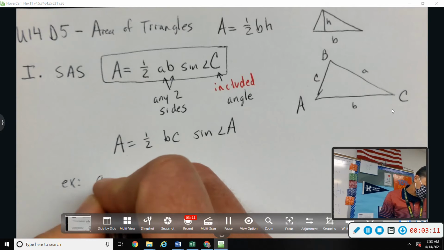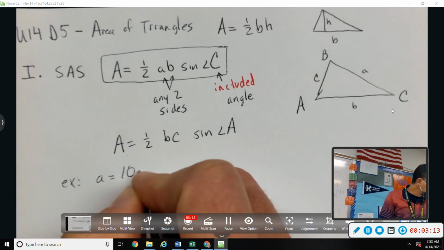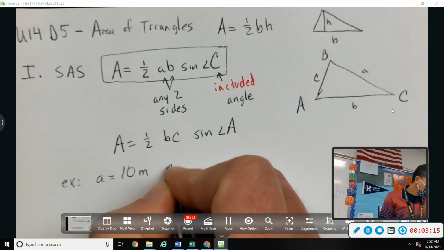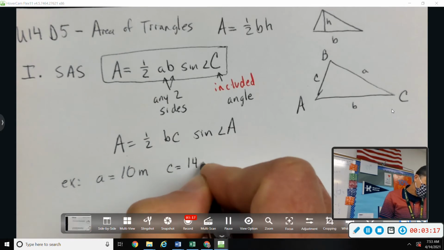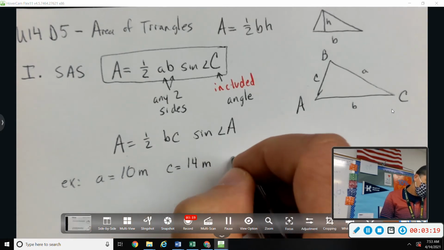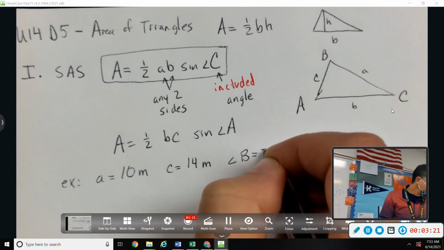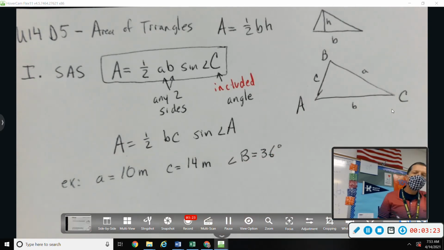So let's say we have this information. A equals 10 meters, C equals 14 meters, and angle B equals 36 degrees. So, do we have the necessary ingredients to find the area of a triangle?